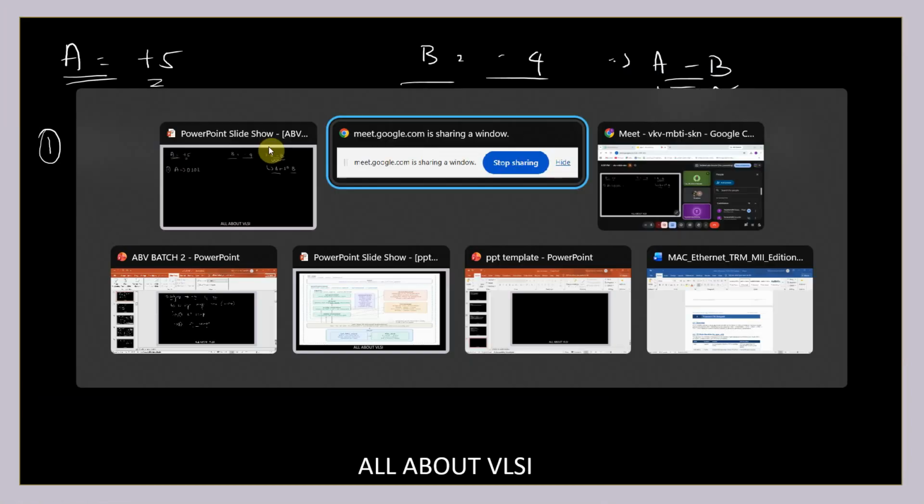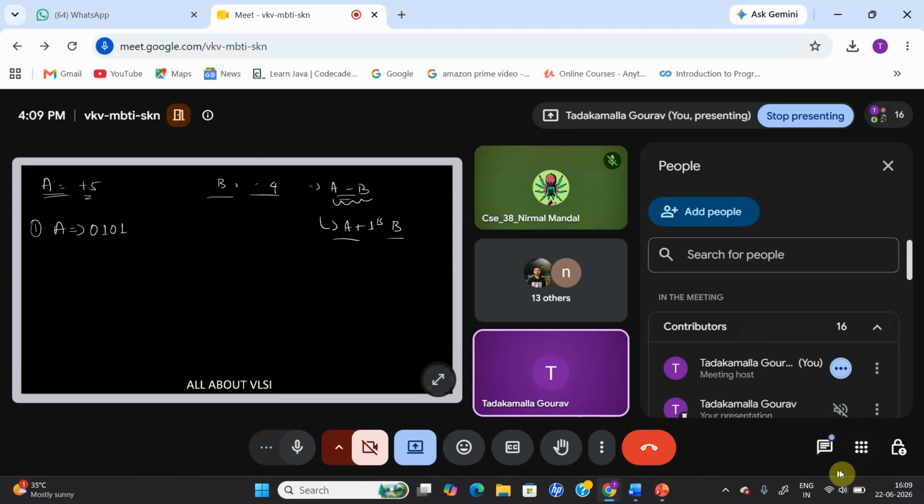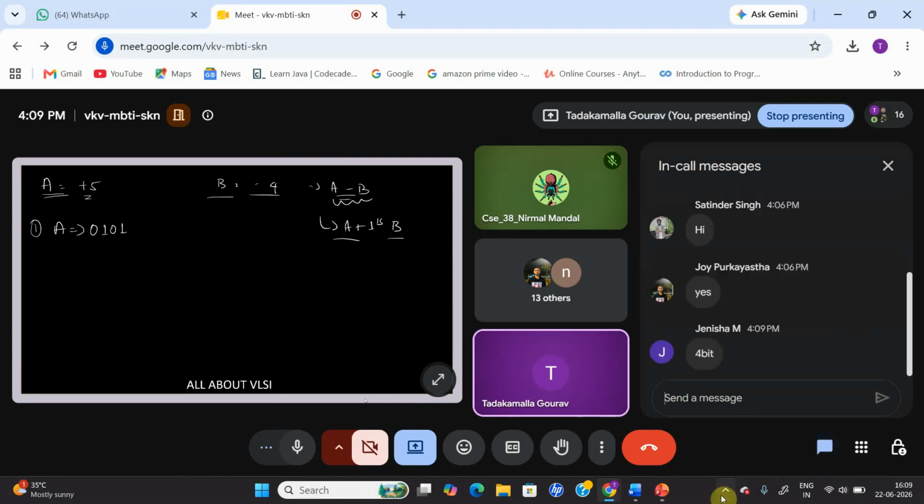Can I take 3 bits to represent plus 5? Can I take 101 for representing plus 5 in one's complement format? Any answers for this?